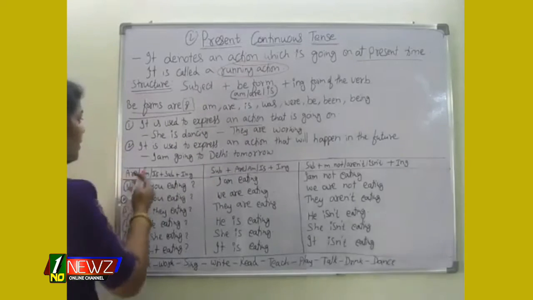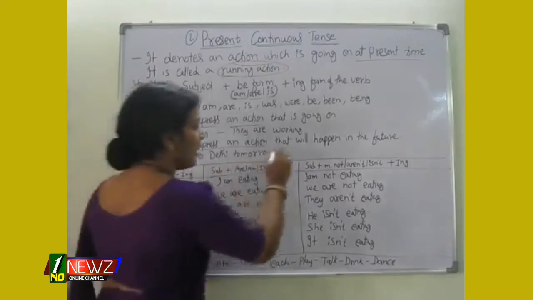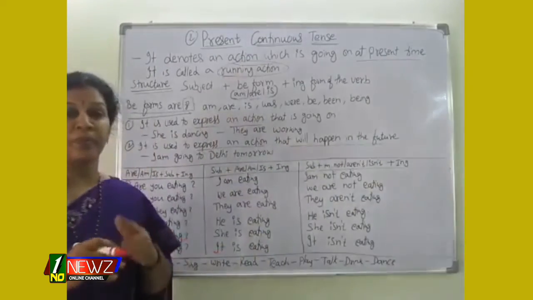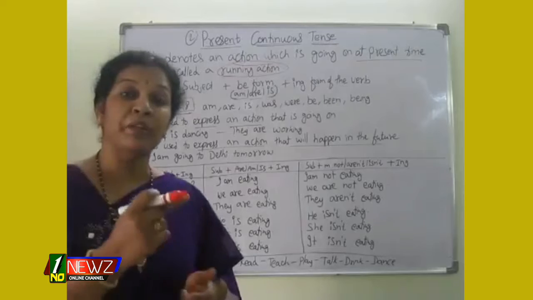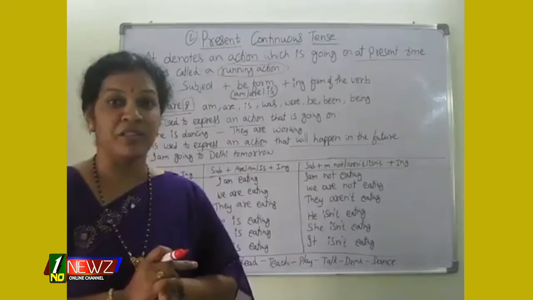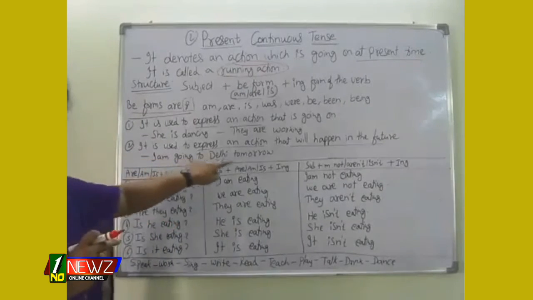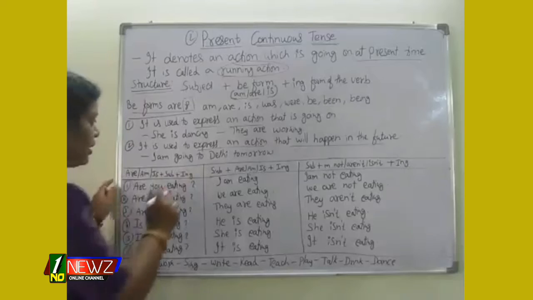Next one is that it is used to express an action that will happen in the future. So based on this also we can frame some sentences in this tense. Example we can take, I am going to Delhi tomorrow. Be form, subject, ing form is there.